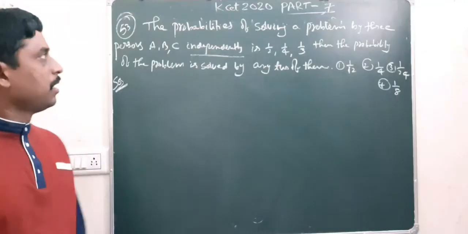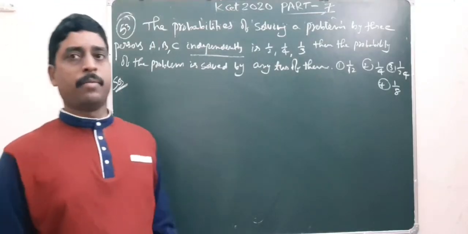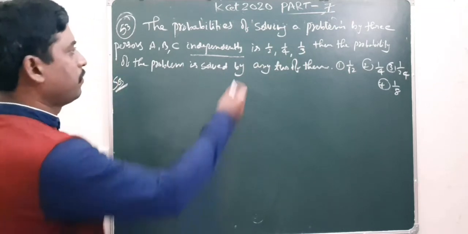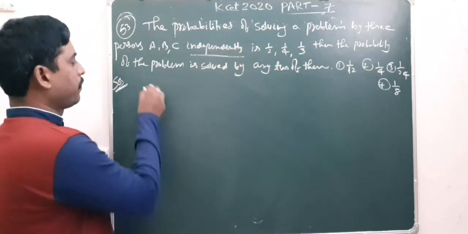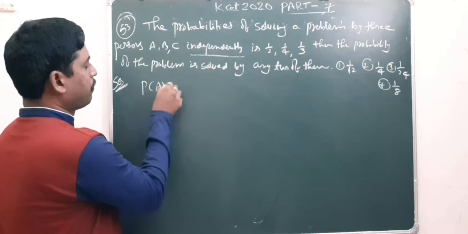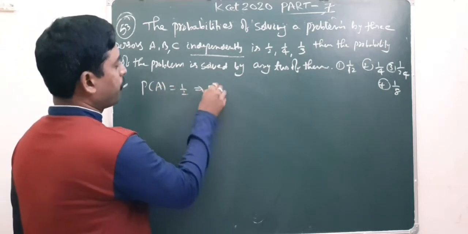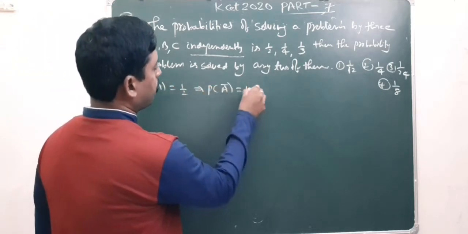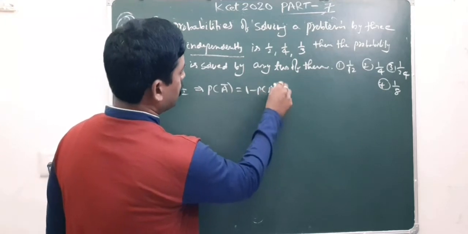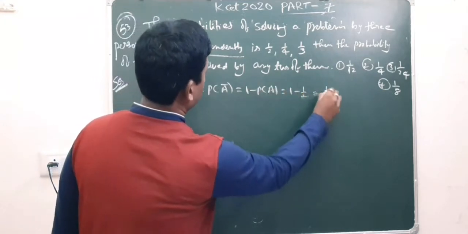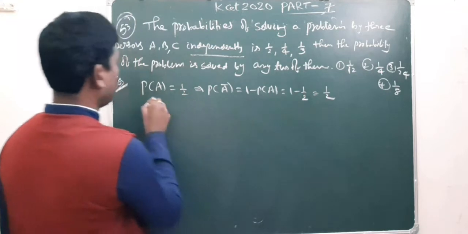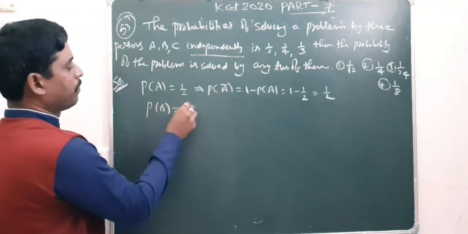Number 53. The probabilities of solving the problem by 3 persons A, B, C are 1 by 2, 1 by 4, 1 by 3 given. So P of A is 1 by 2. That implies P of A bar is equal to 1 minus P of A. This is equal to also 1 by 2. Next, P of B given 1 by 4.